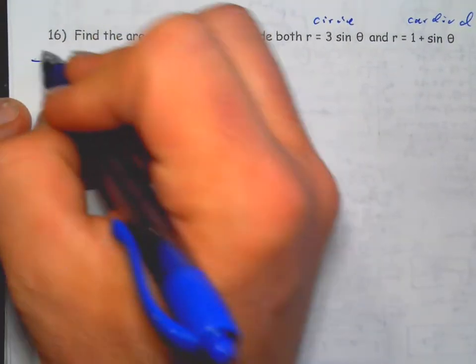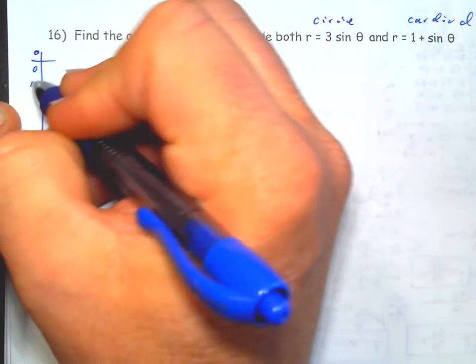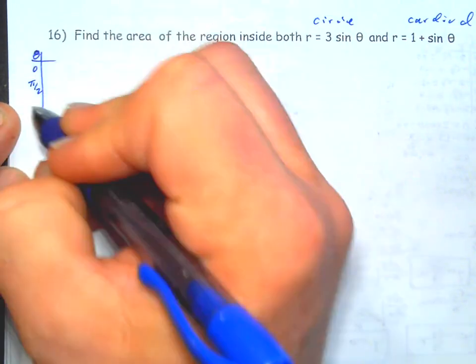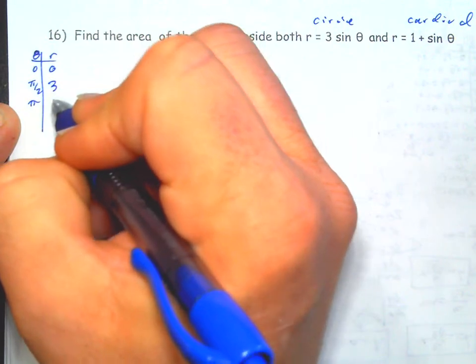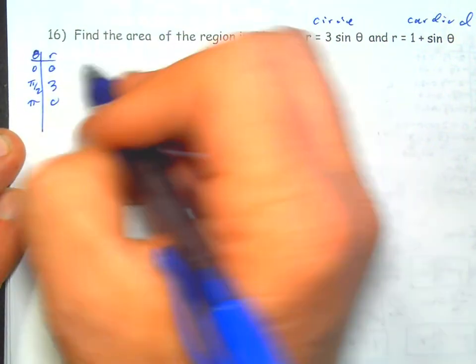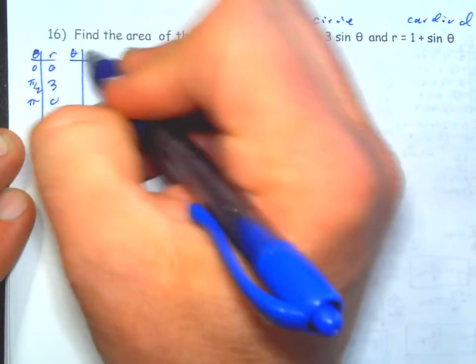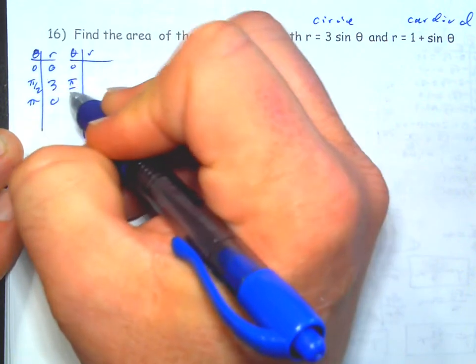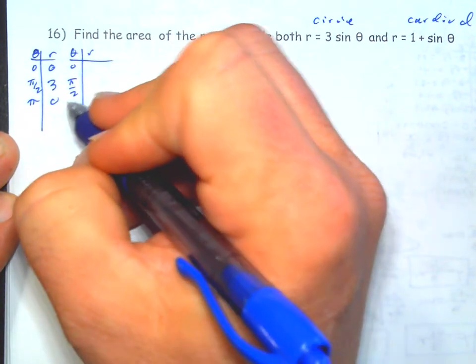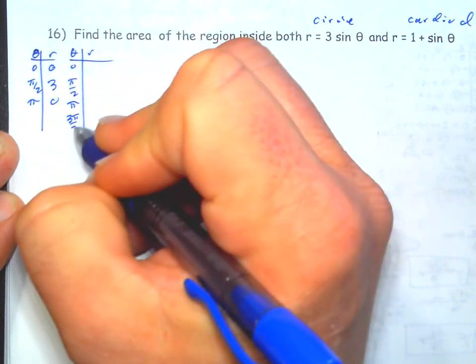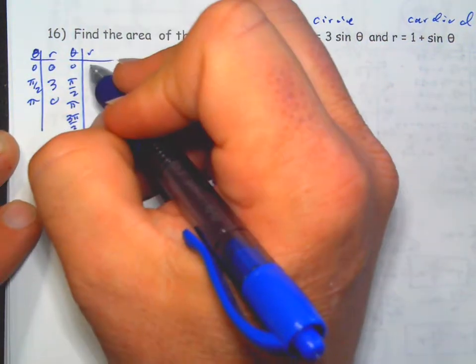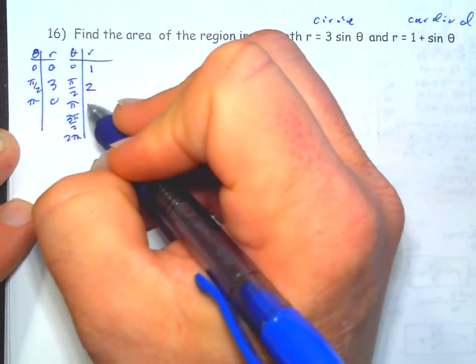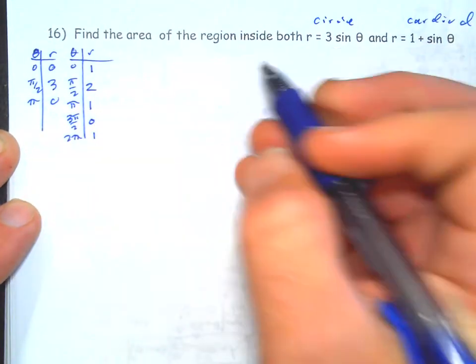So the circle, and then the cardioid. Okay, that's going to be 1, 2, 1, 0, 1.